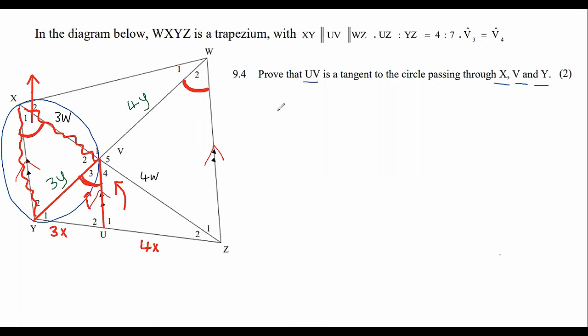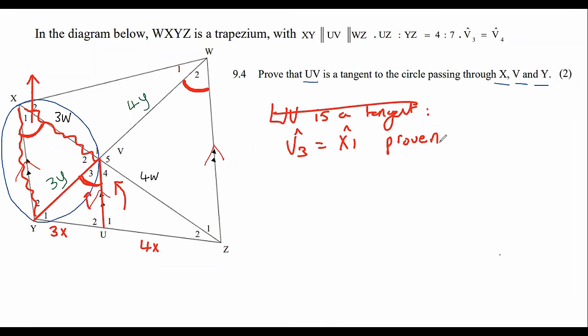So we can say that UV is a tangent because V3 is the same as X1, and that was already proven earlier. And then you can say, therefore, UV is a tangent, and your reason would be converse, because it's the opposite of the tan chord theorem.